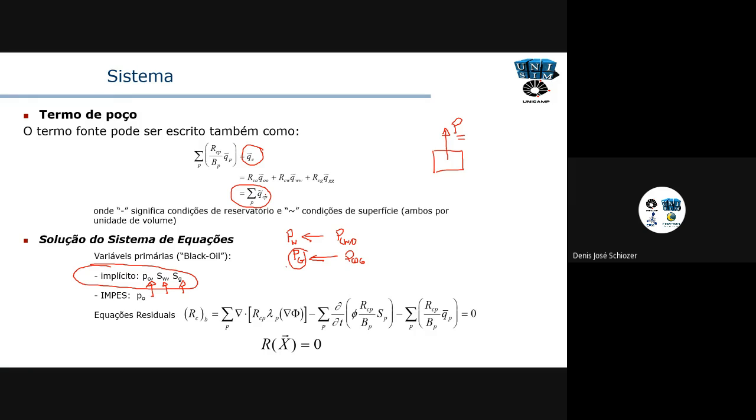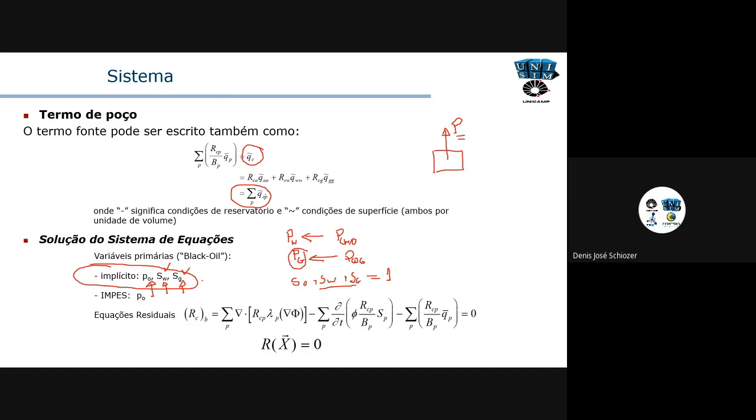So we don't have to solve for these 2 variables, because once we know one, we can calculate the others, okay? The same thing holds for oil saturation. We know that oil saturation plus gas saturation plus water saturation is 1. Once we calculate water and gas, then we can calculate the oil.